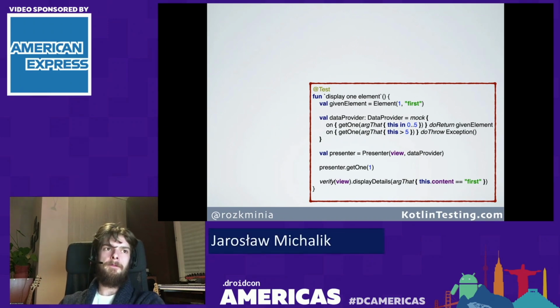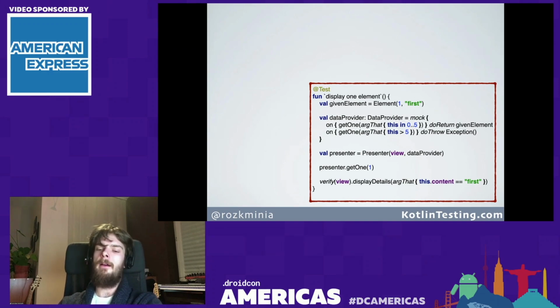In a lambda, we write a Boolean expression, some predicate, and while performing stubbing, Mockito will check that Boolean expression and return the given element for elements matching this expression, and for function invocations with an argument greater than 5, it will throw an exception.